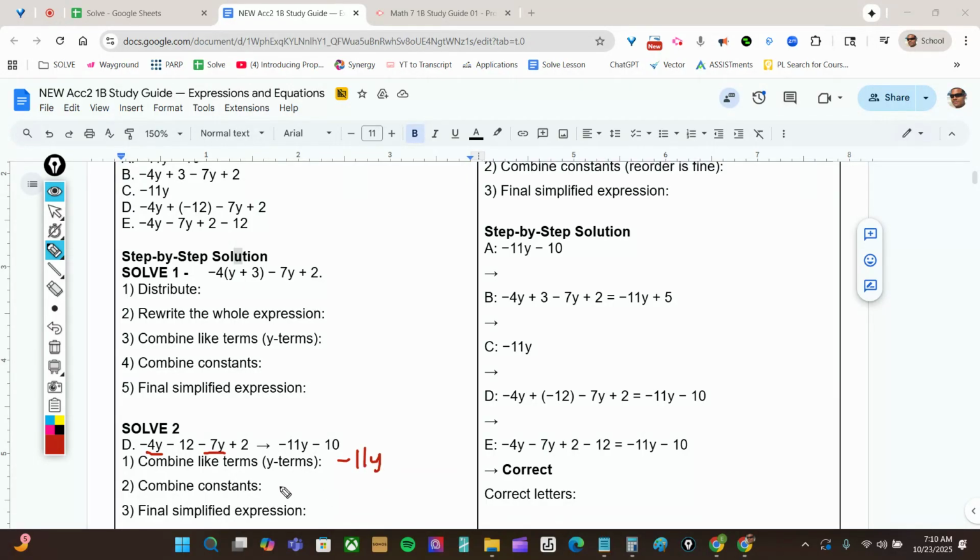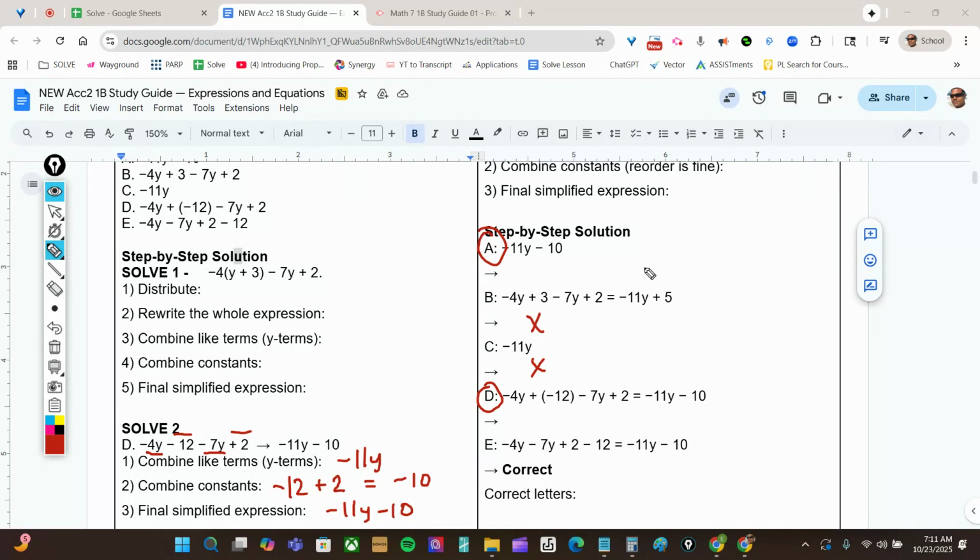Then we combine our constants, which are going to give us a negative 12 plus a 2, which is the same as the original problem, which is going to give us a negative 10. So that means we end up with negative 11y minus 10. So that means A is correct and D is correct. We already said that B and C were incorrect. All right, so we got A and D.